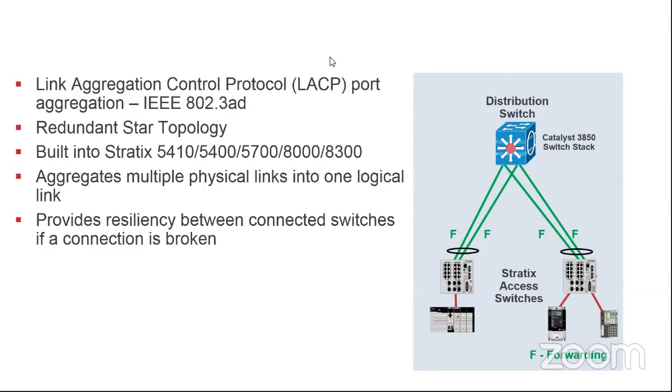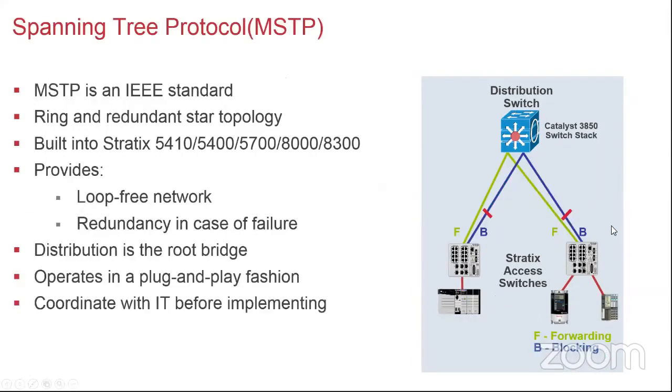If it was a 2 gig link and you lose one connection, you go down to 1 gig and everything reassesses itself. This is already inherent in the switches. Typically, this would be more of an IT-based design, but we can take advantage of it in an OT world. It doesn't have to be from access to distribution. This could be from just panel to panel, but something that we would configure.